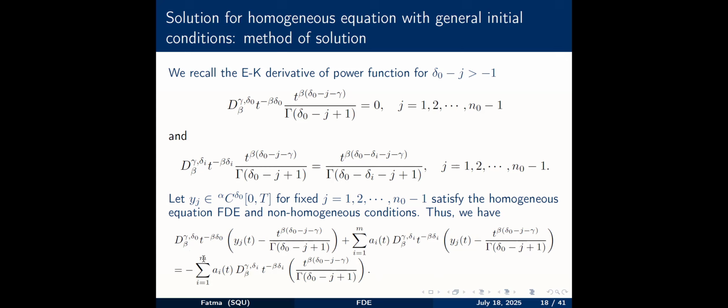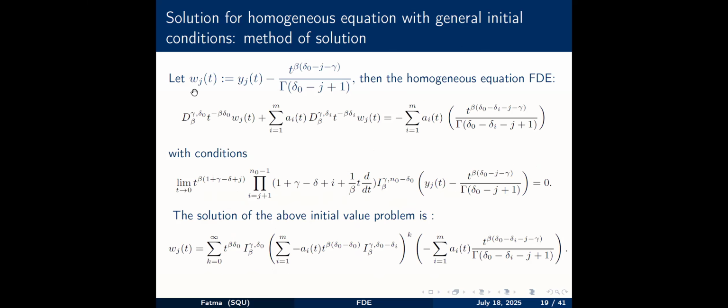And then next, we are going to do a substitution. This part we can assume to be Wj. So our differential equation, which was a homogeneous differential equation, becomes a non-homogeneous differential equation with the right-hand side given by this summation.